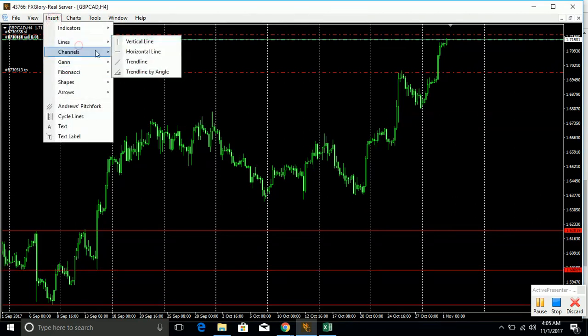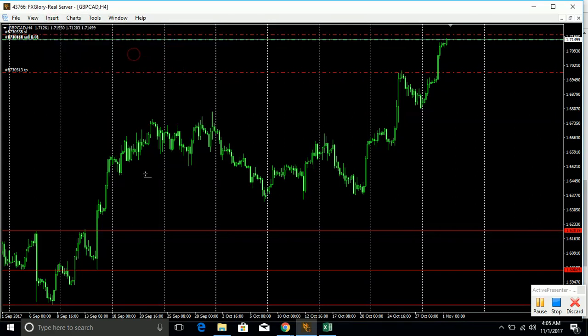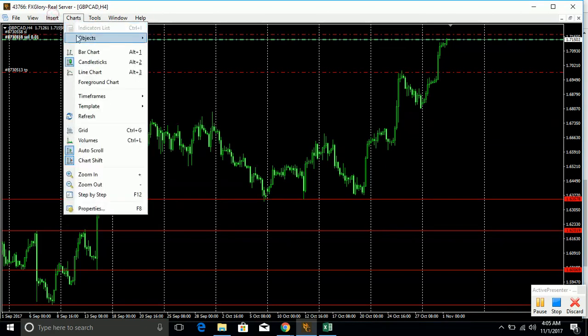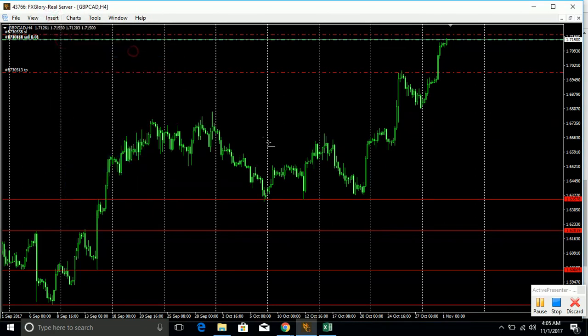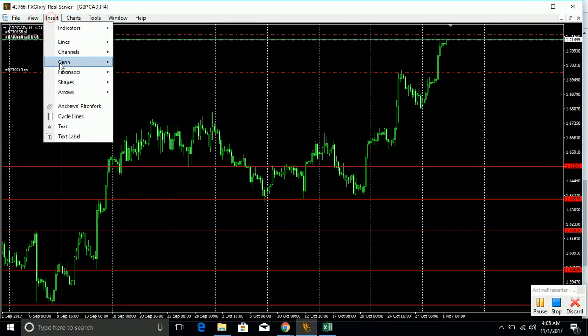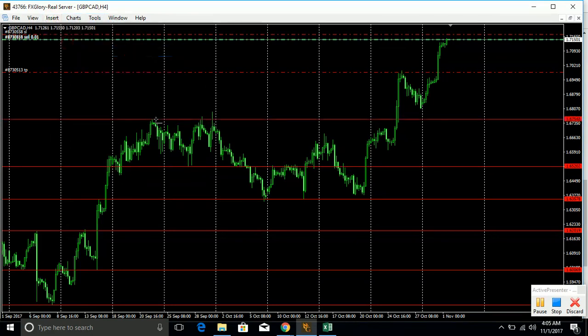We're going to use the wick here. We're going to use the wick here. Pretty much you want to just identify your reversal points by the wick.